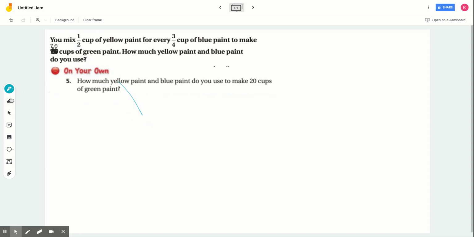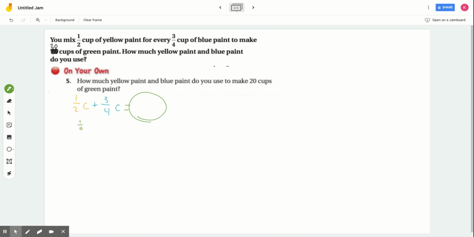So we know that our ratio is going to be 1/2 cup of yellow plus 3/4 cups of blue is equal to the number of green paint. So first of all, our goal is to find out how much paint would this be.